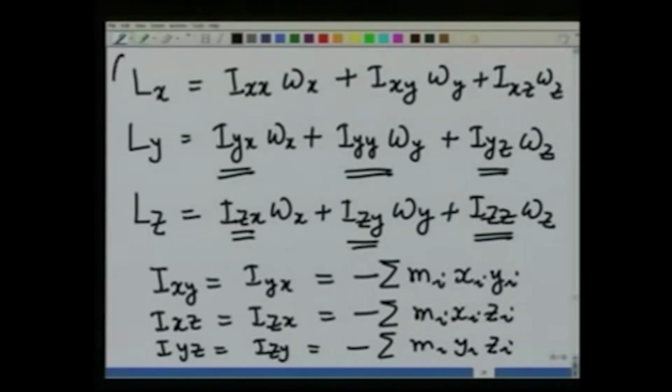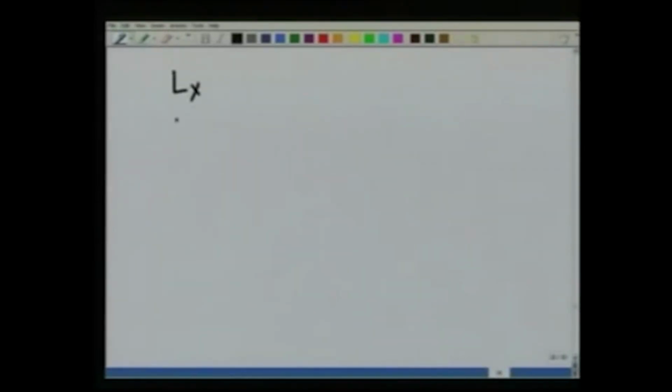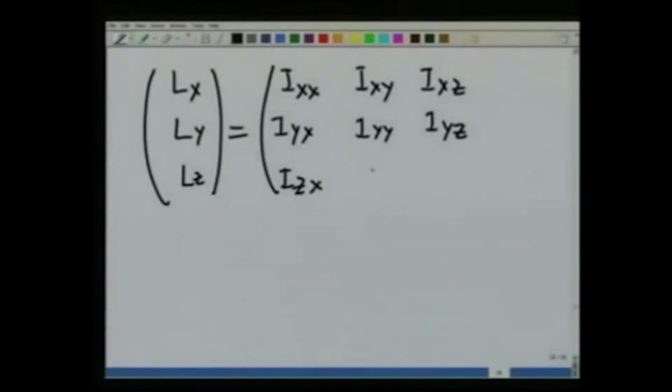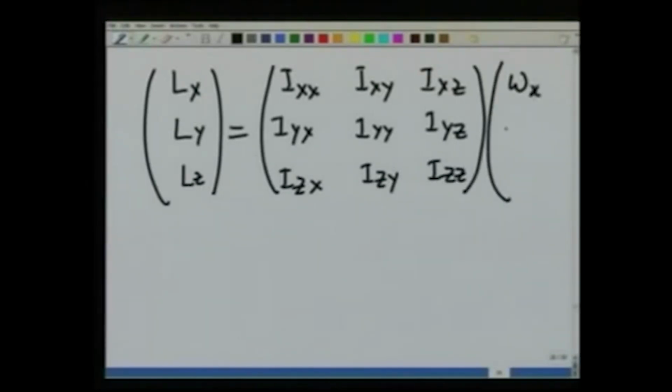In general, this relationship can be written as a matrix multiplication: the vector Lx, Ly, Lz, three components, is equal to the matrix Ixx, Ixy, Ixz, Iyx, Iyy, Iyz, and Izx, Izy, Izz, times omega x, omega y, omega z.